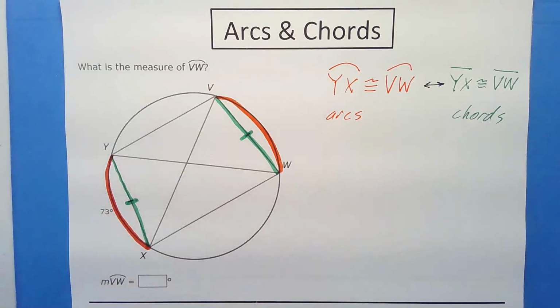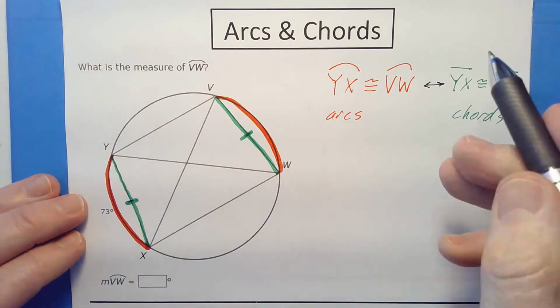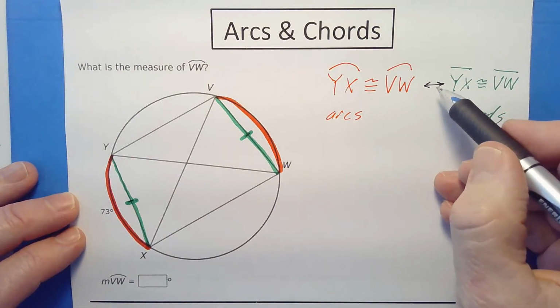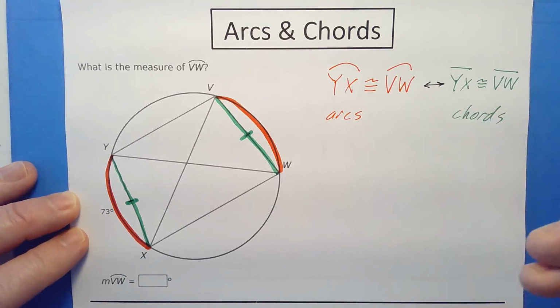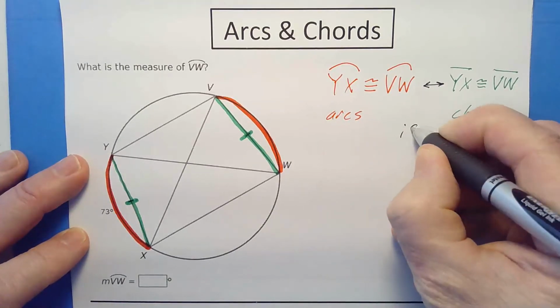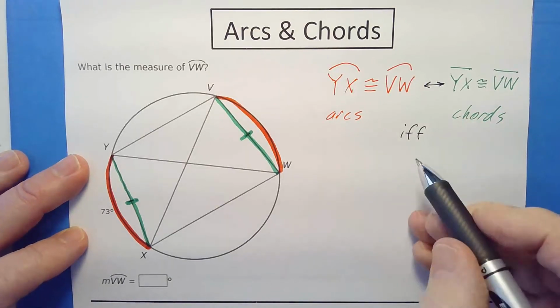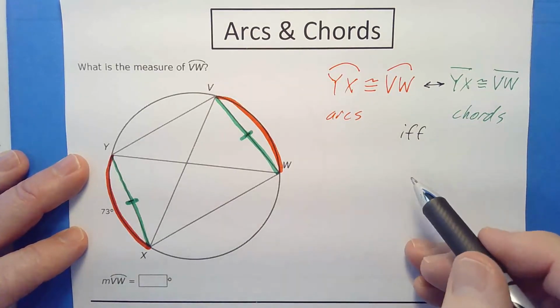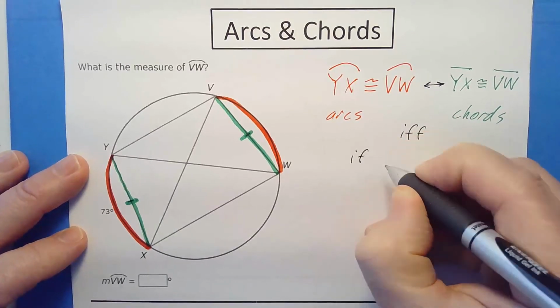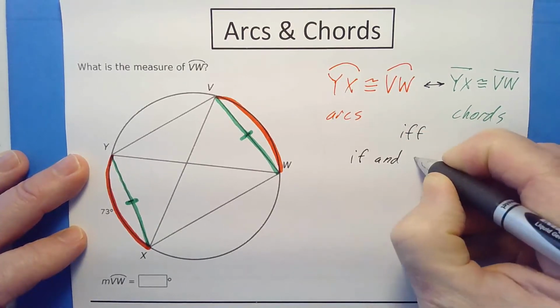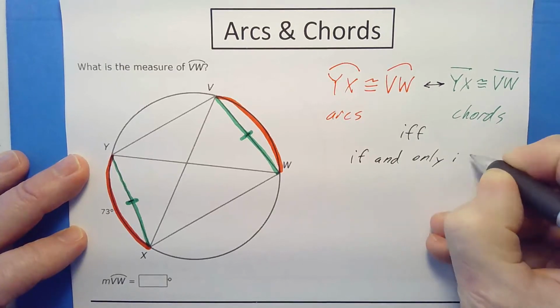Just as a reminder, since we've got that symbol, the double arrow, I mentioned it earlier, we write that different ways. Sometimes we write it as a double arrow. Some people abbreviate it this way. They might say iff. I've always liked that one. Or we might even write it out in words: if and only if.